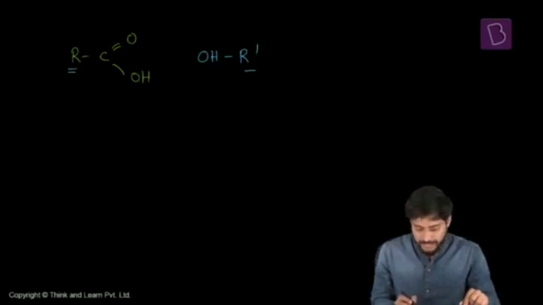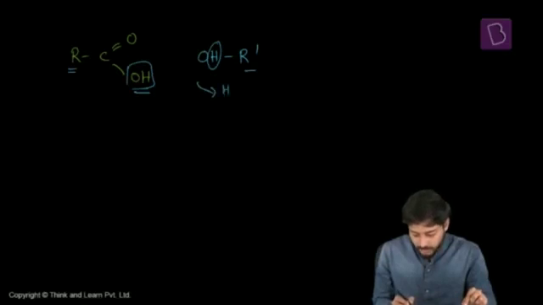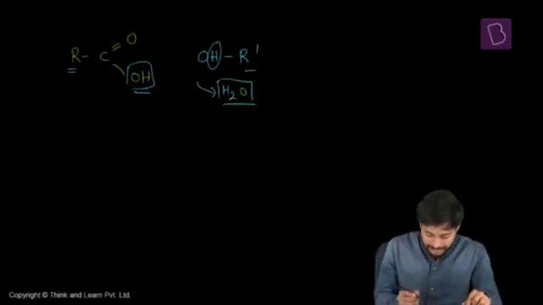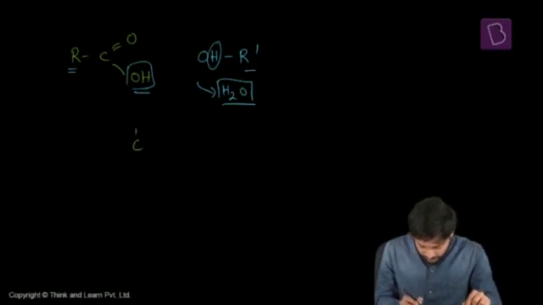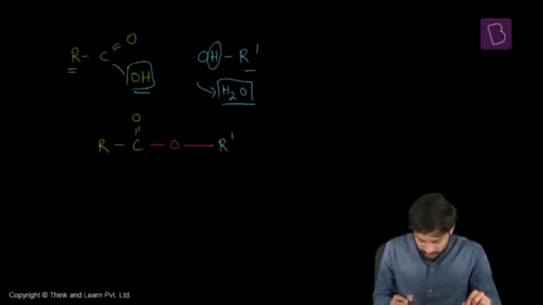Now here is the reaction that will happen. OH from the carboxylic acid and H from the alcohol will be removed. That means one water molecule will be removed, and what I'll get is this. I'll have C double bond O, I'll have R, and now I'll have the bond which is this. Perfect.